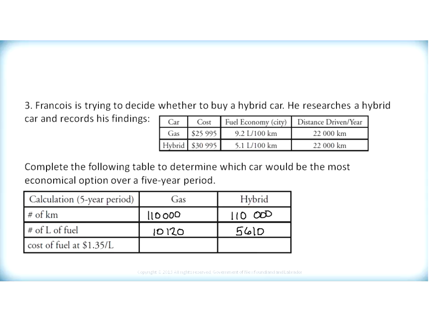Okay, I have a little bit of room here, so I'm going to do the cost of fuel here. For the gas car, we have 10,120 liters. And we're trying to find out the total cost, so we've got to multiply that by the assumed rate of $1.35 a liter.